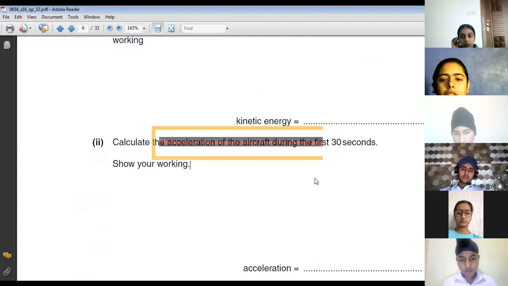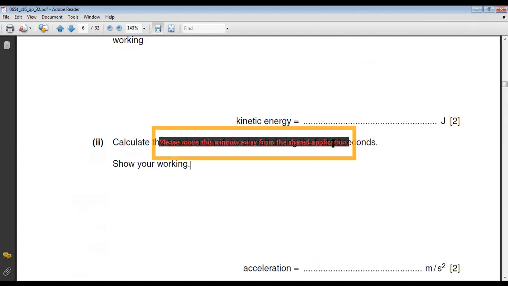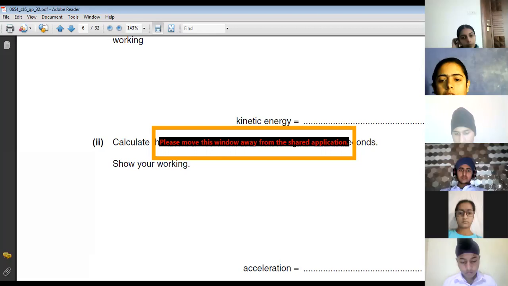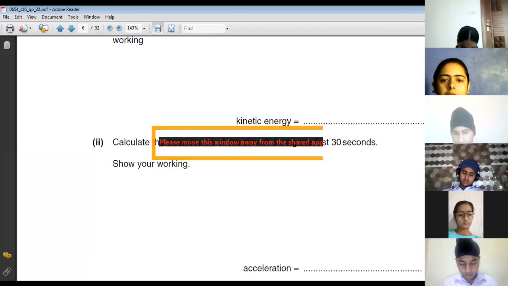Calculate the acceleration of the aircraft during the first 30 seconds. Show your working. They are giving you acceleration is equal to dash meter per second square. Anji, do it. Find out the acceleration in the first 30 seconds.